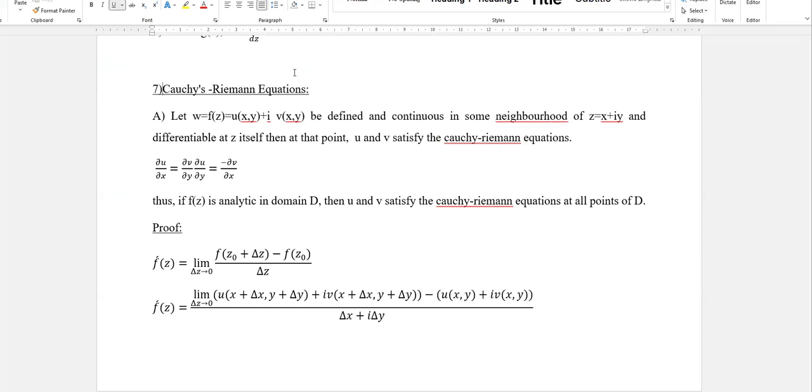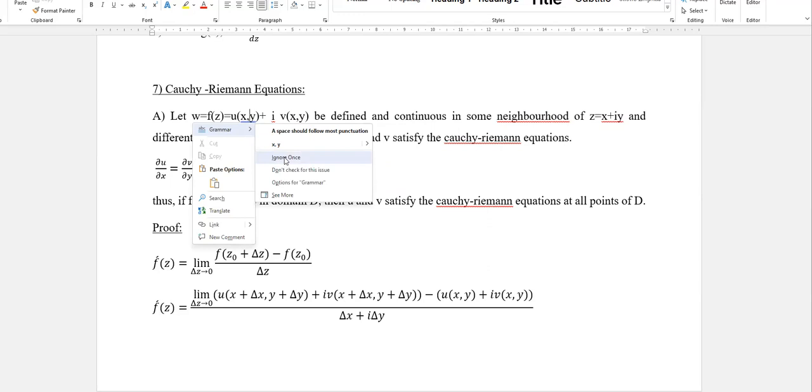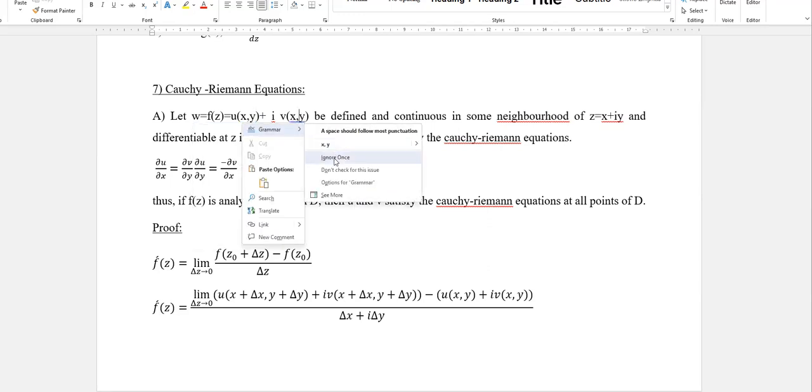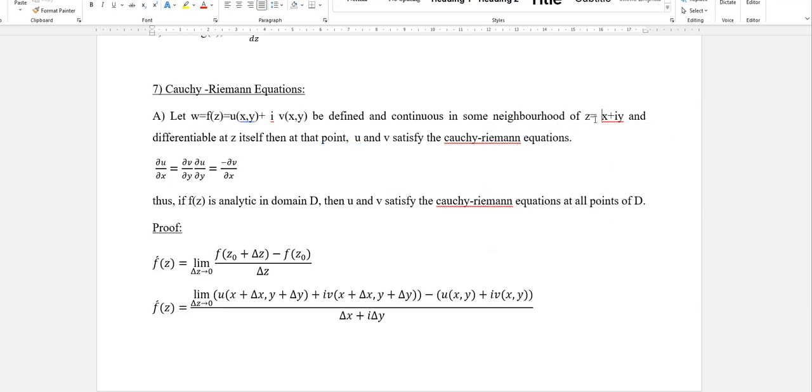It is very important that it satisfies the Cauchy-Riemann equations.